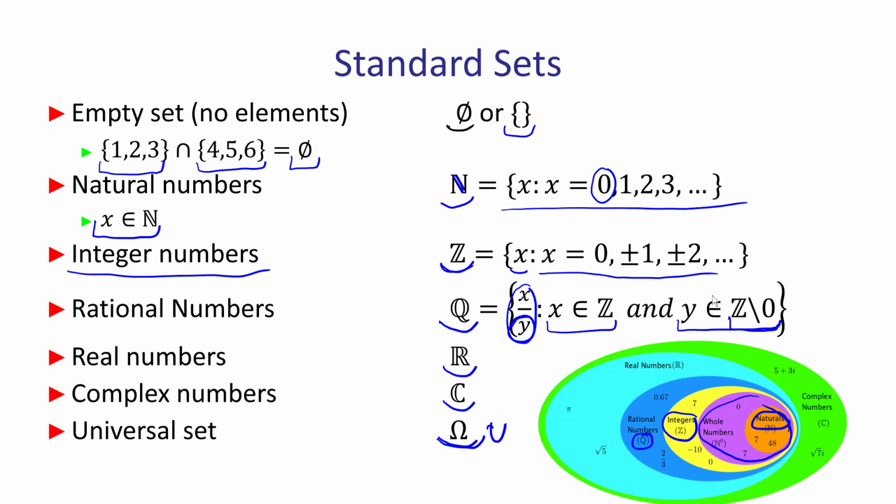Rational numbers, as we discussed before, include all of the integers. Real numbers include all of the rational numbers, and complex numbers include all of the possible real numbers. So each one of those sets make expansion of the previous set. It basically includes all of the previous set and makes more numbers of different kind.